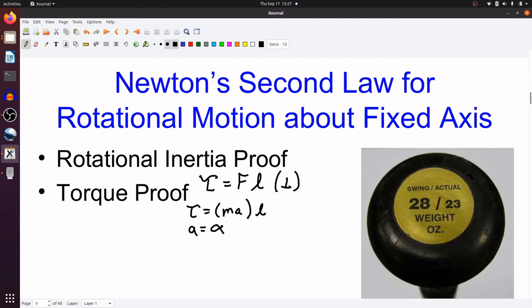But if I had, let's say, a baseball bat, rotating about its end with radius L, I could say, instead of alpha r, alpha L, and then I can make that substitution.